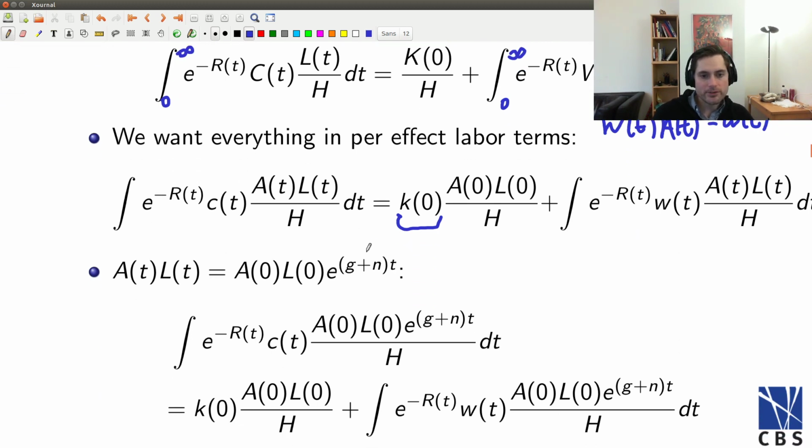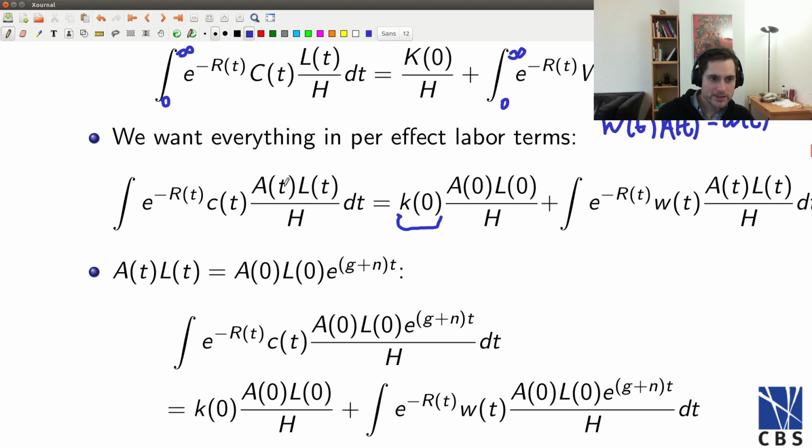We can go one step farther if we want to get rid of these A_t L_t terms. Those are somewhat complicated. Let's take those out. We can do that by rewriting A_t L_t equals A_0 L_0 times e to the power (g plus n)t. We derived that for the Solow growth model, so I'm not going to derive it again.